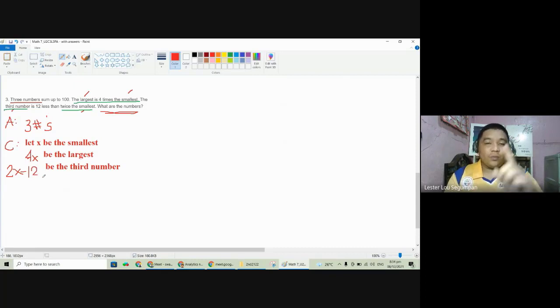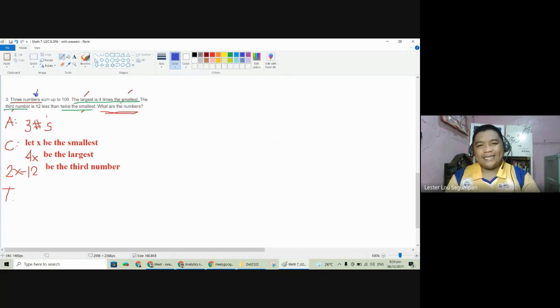Again, you might want to review the video for the translation for you to be guided with this. These are now the representation for the three numbers in this situation. Step T stands for translation. And where do we focus on our translation? Look at the first statement. It tells us that they must sum up to 100.